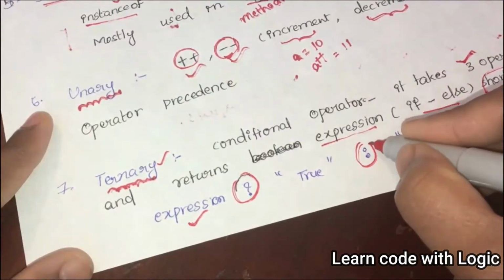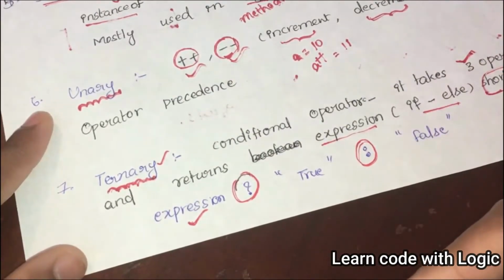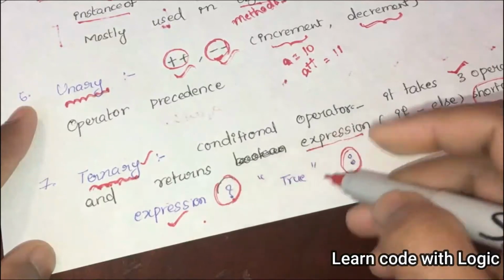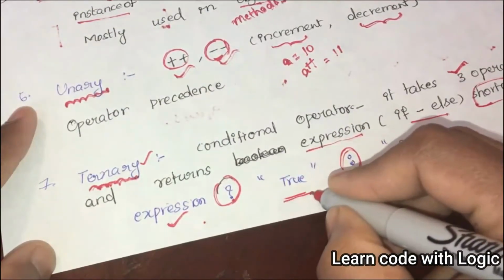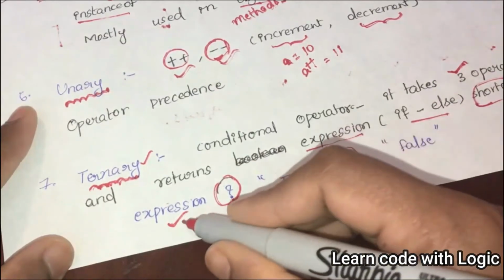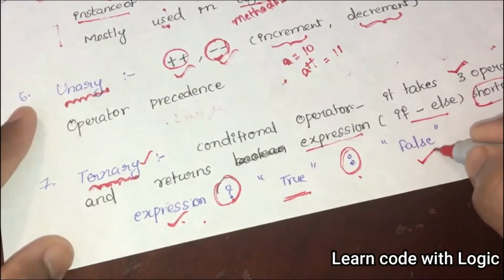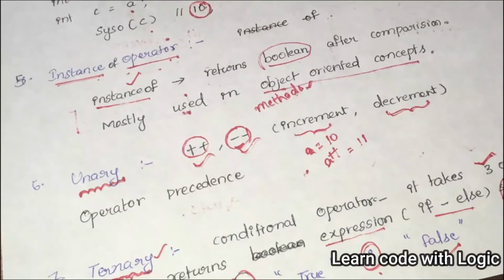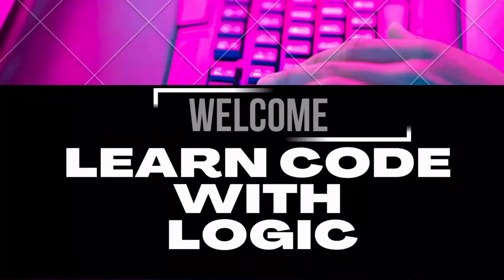If the expression is true, then it prints the true value, whatever is there after the question mark. If the expression is false, it prints this other value. This is just a brief review of operators in Java. In my next tutorial, we will see each one by one with some coding examples.